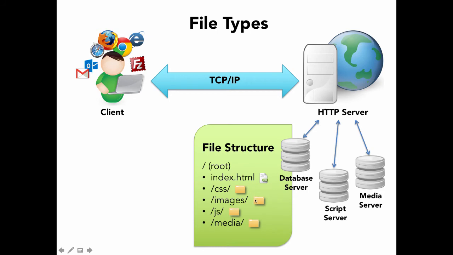Likewise, you don't want all of your images. Think of the hundreds of images that you might have floating around in this root directory if you did not have a folder. The images folder is generally the place where you're going to keep any .gif, .png, .jpeg files and keep them all together. And you can create even folders within that if you need to organize them a little bit further.